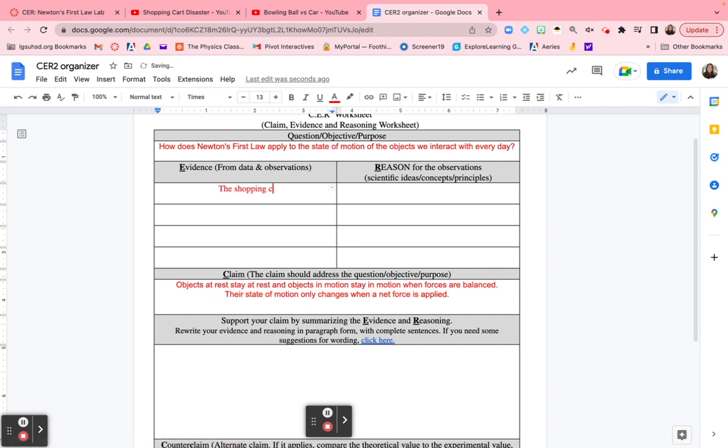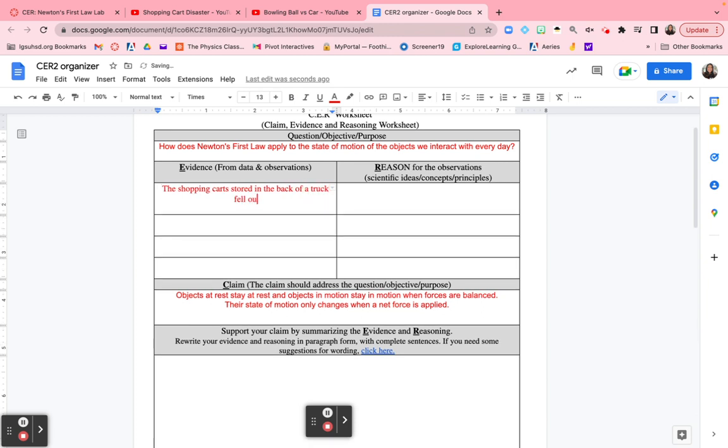The shopping carts stored in the back of a truck fell out when the truck moved forward. That is all I have to write in terms of observation. You don't have to talk about the carts being at rest.